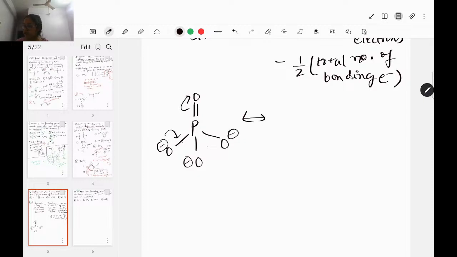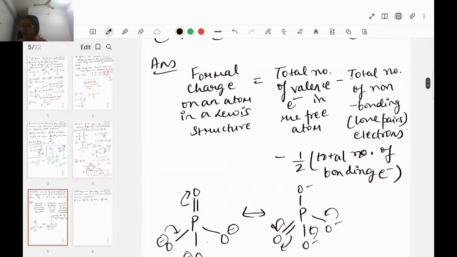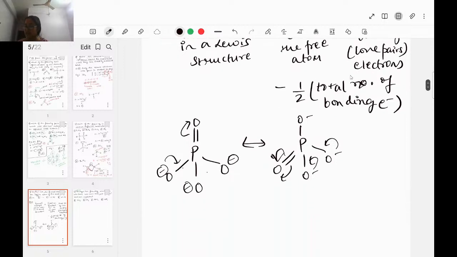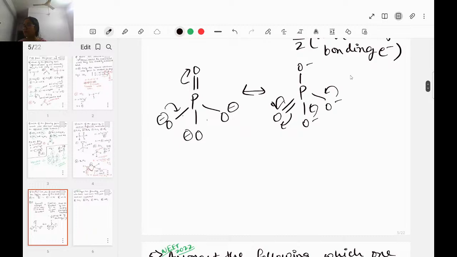So P, O minus, double bond O, O minus, O minus, and then this oxygen comes over here and this opens up, and this goes on and on. This oxygen then comes over here, this opens up, and we get 4 resonance structures. But what we require over here is the formal charge, the formal charge on an atom in a Lewis structure. So how will we obtain that?